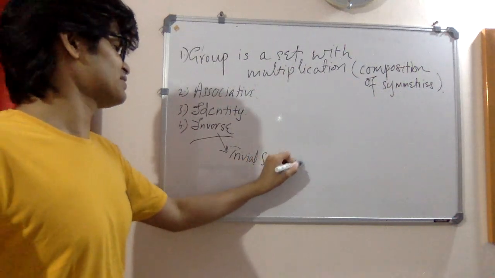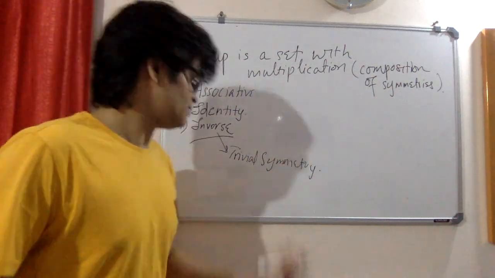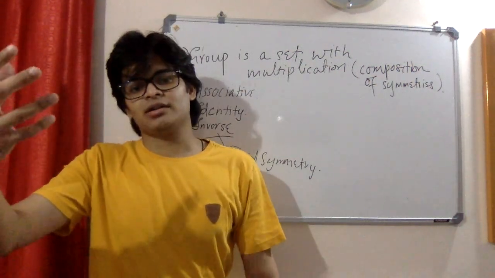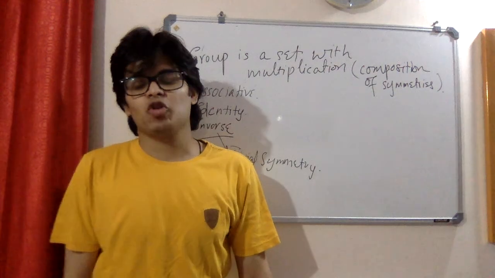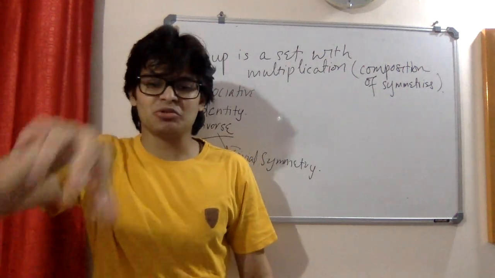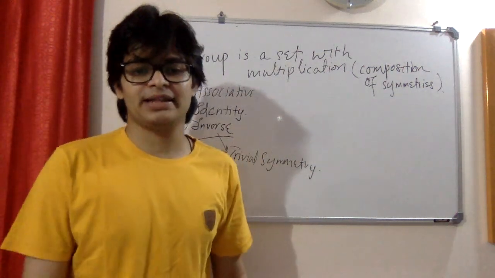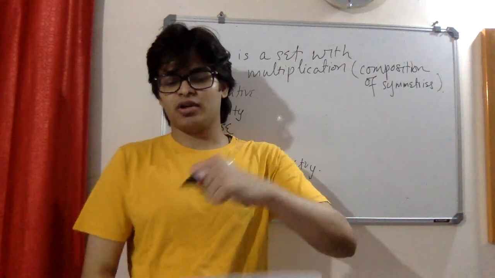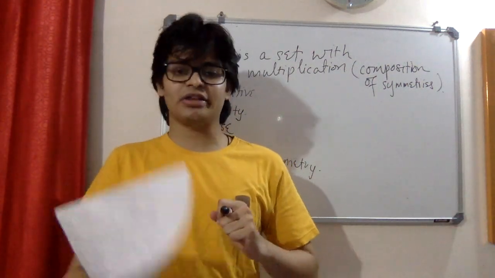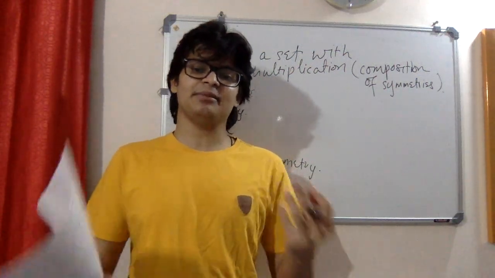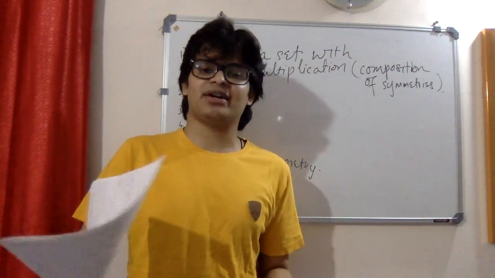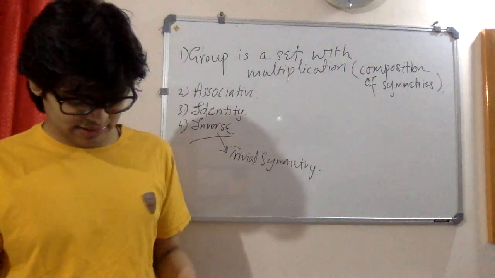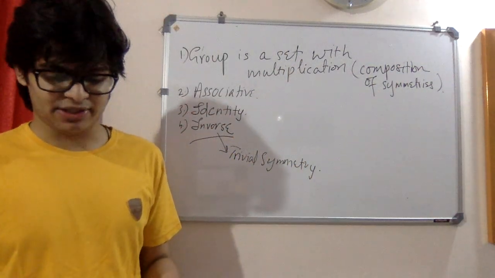This is a trivial symmetry because if we rotated some object by theta degrees, we can obviously rotate it back by theta degrees. So if we rotate it in clockwise direction by a certain angle, we can rotate it by the same angle in anti-clockwise direction, and so on. So this inverse symmetry is a trivial symmetry.